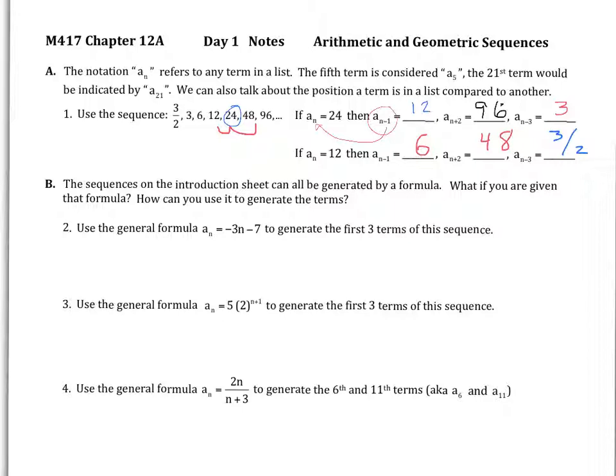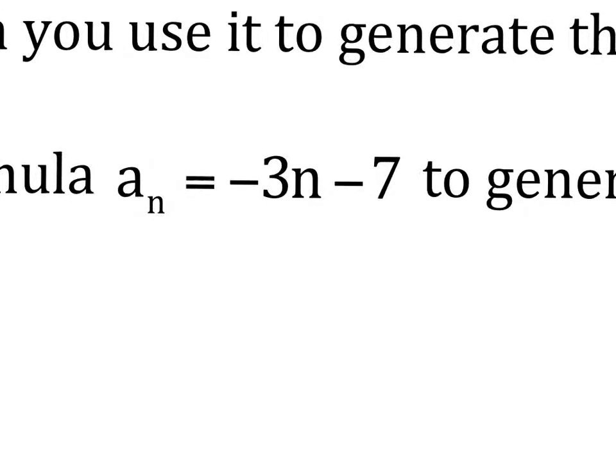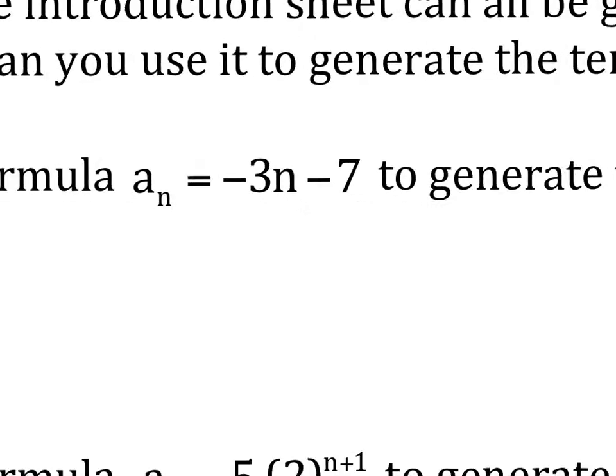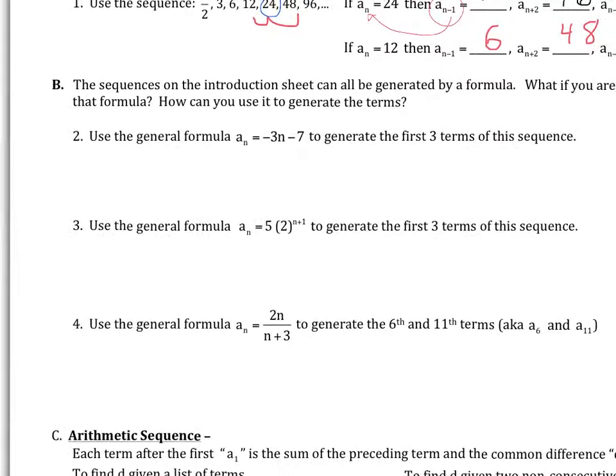If we want the first 3 terms of a sequence, given the general formula A sub n equals negative 3n minus 7, that would represent any term. So if I wanted the 50th term, that would be A sub 50, and I would substitute in 50 for n. You're probably thinking, is it that easy? And you're right, it is.